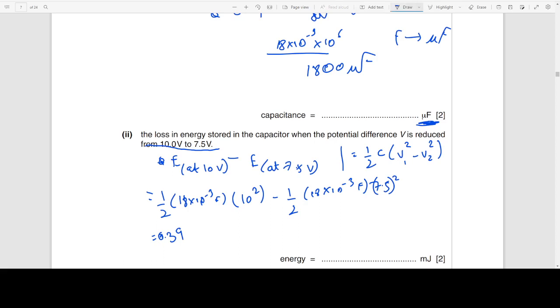Okay guys, I've made a mistake. It was actually 1.8. It was 1.8 into 10 raised to minus 3, so 1.8.